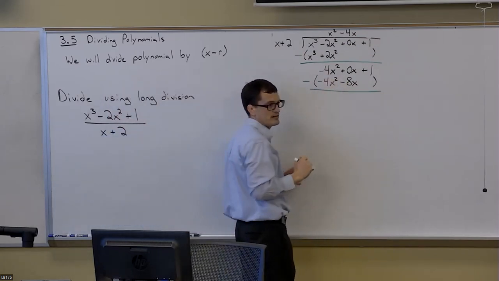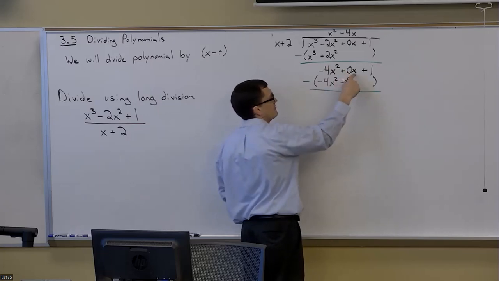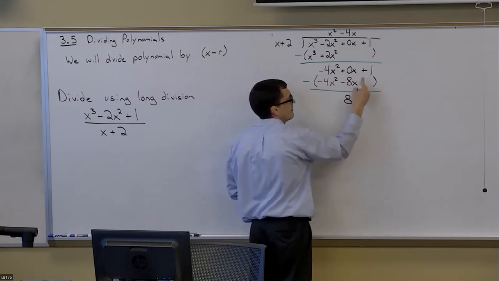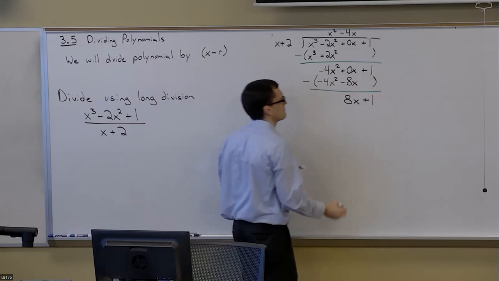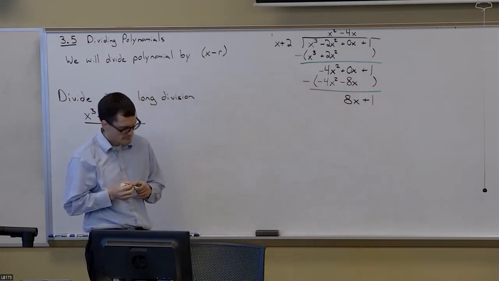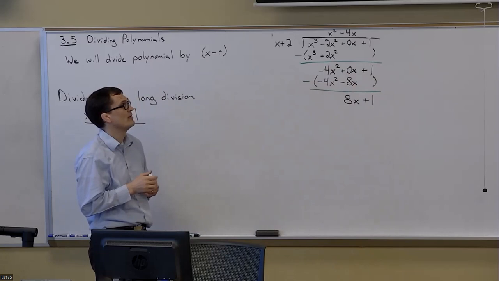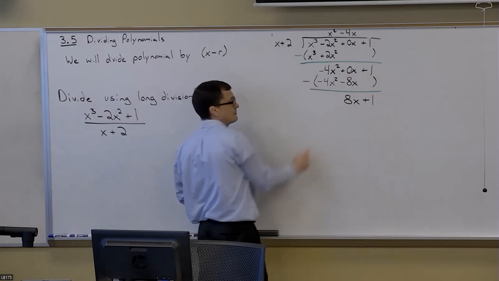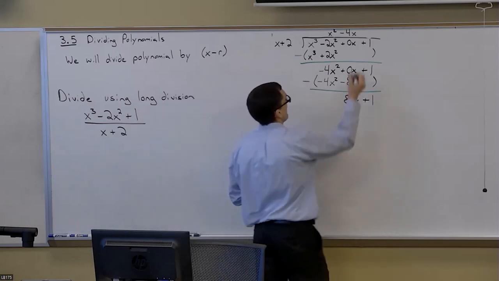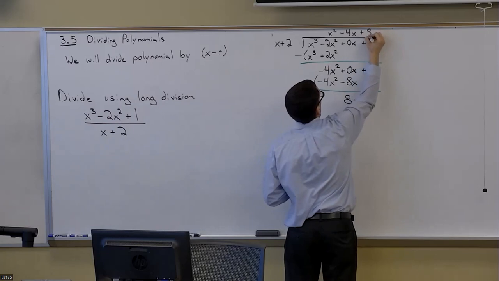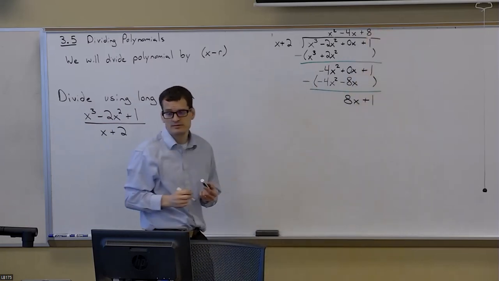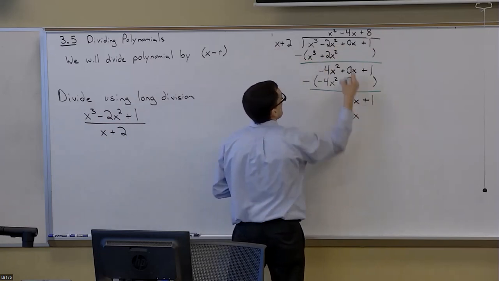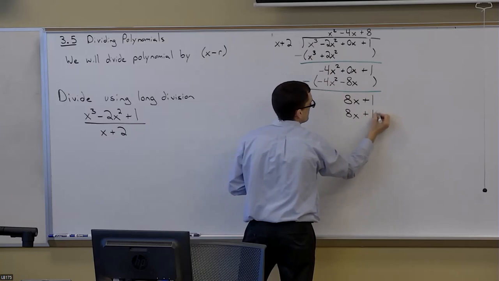That'll cancel out my x squared terms. 0x plus 8x gives me a plus 8x plus 1. And then I ask myself, again, what do I need to multiply by x to get this first term here? The answer there is 8, and that's a positive 8. 8 times x is 8x. 8 times 2 is 16.